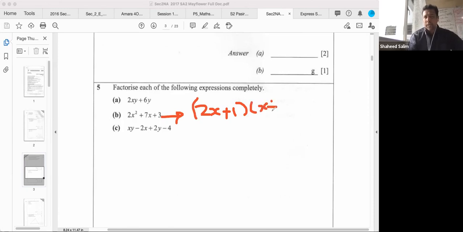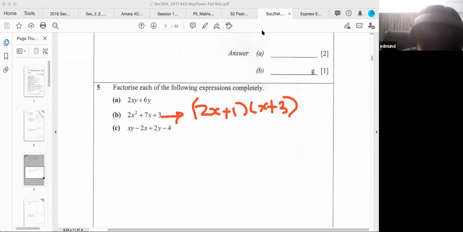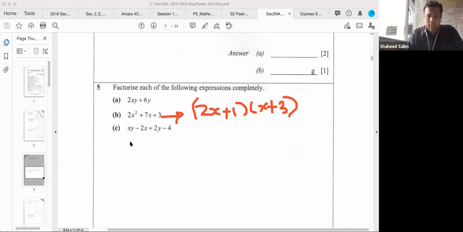And the last one is a little bit tricky. Clue: factorize this first, then factorize this, then factorize both. Factorize two of them first, and then factorize both. x plus 2. Okay, x plus 2, some more.